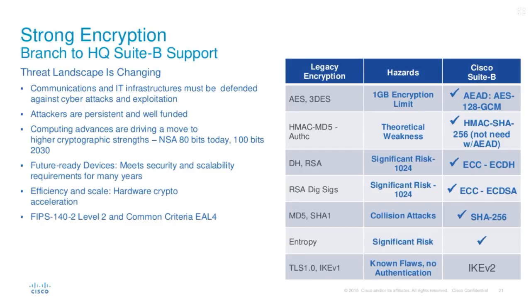And then there are a lot of the old protocols that put this stuff together, things like TLS version 1 and the original IPsec v1 version, that have known flaws within them. So you want to be running more modern versions of TLS, and in particular, you want to be on IPsec version 2.